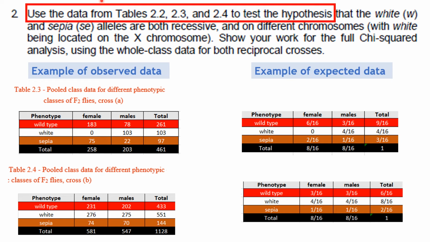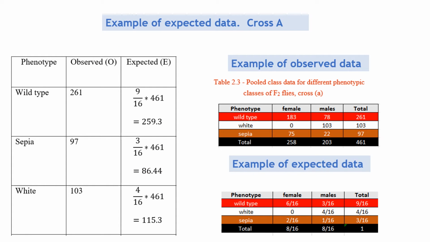Okay, so now that that is clear, that you know all the information about the chi-square, that you review this very quickly. Now let's use this example of the data for the cross A and here for the cross B. Let's start trying to do the chi-square. This step is very easy.